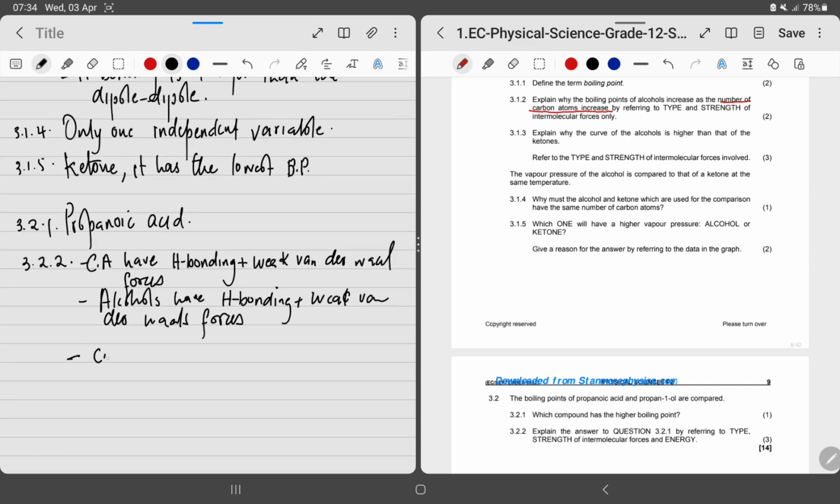However, carboxylic acids have 2 sites for hydrogen bonding, while alcohols only have 1.